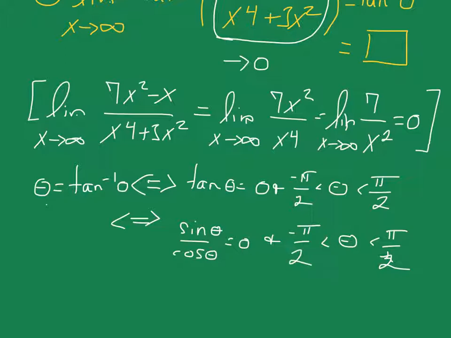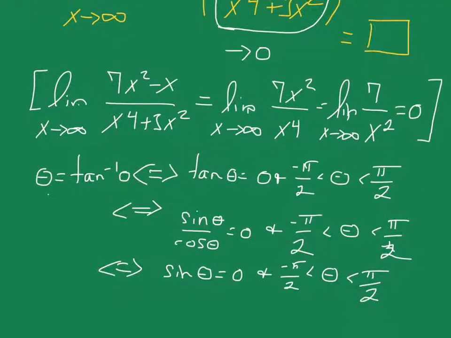And the only way that this quotient will get to be 0 is if the numerator is 0. So we're looking for where sine theta is 0 and theta is between minus pi by 2 and pi by 2. And in fact, the place where sine theta is 0 for theta between minus pi by 2 and pi by 2 is when theta is equal to 0.